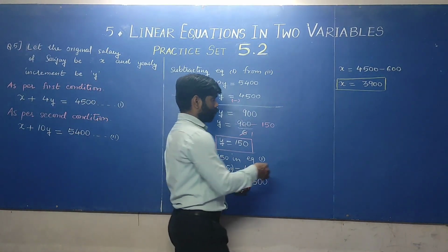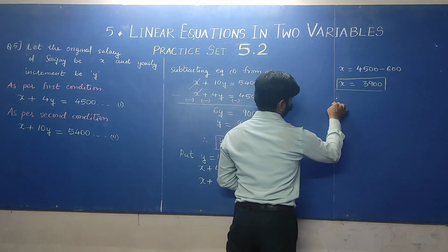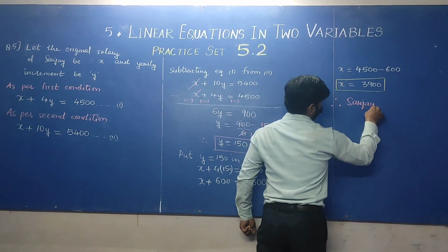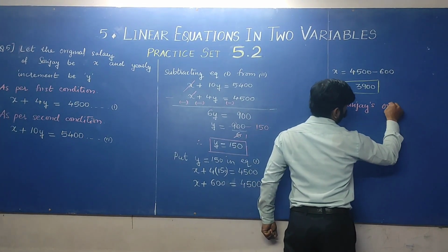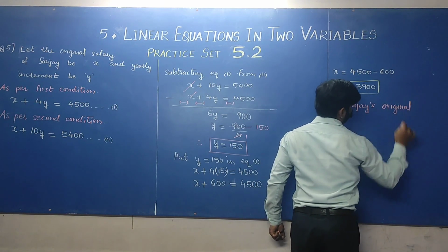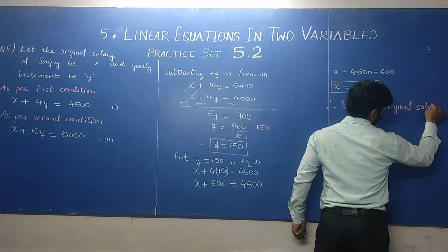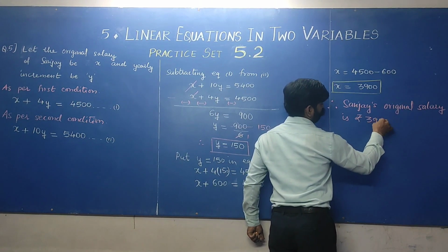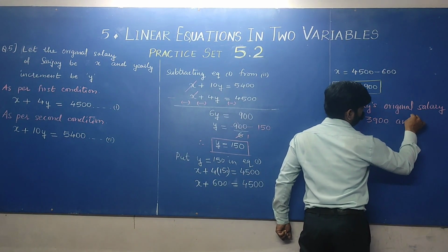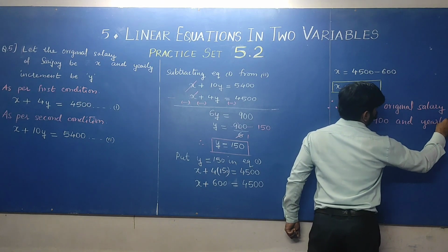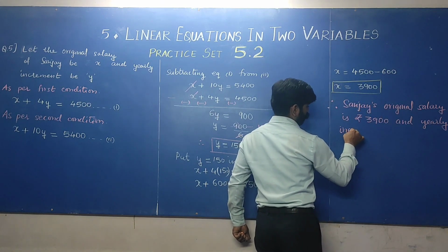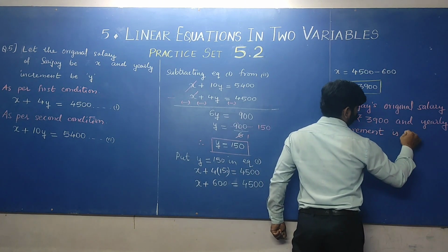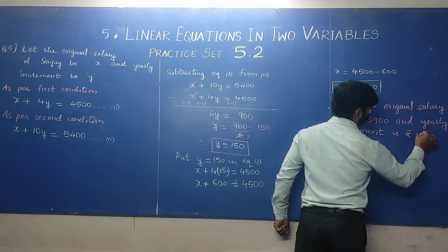So we will write therefore, Sanjay's original salary is rupees 3900 and yearly increment is rupees 150.